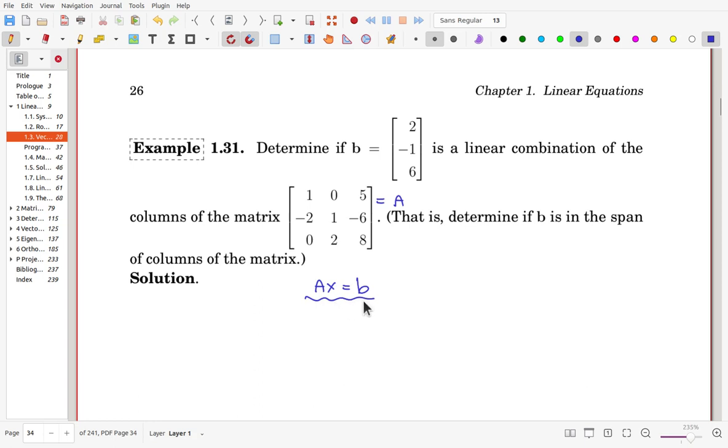This linear system should have a solution. Now we have to check that, and in order to check it, we start with the augmented matrix.